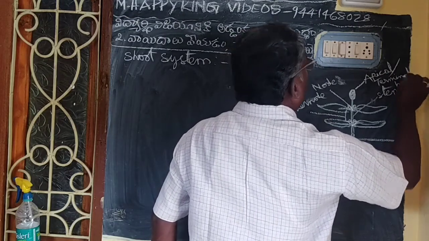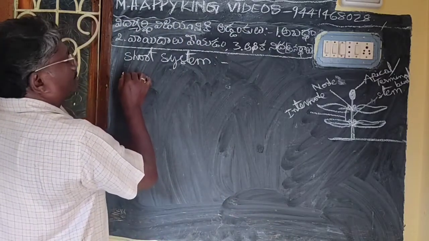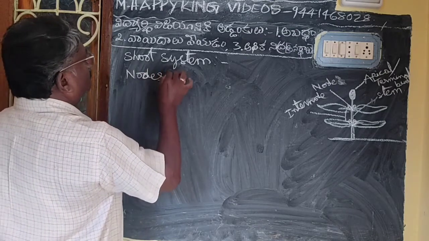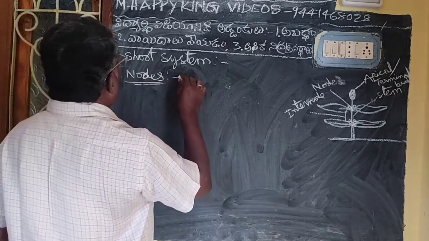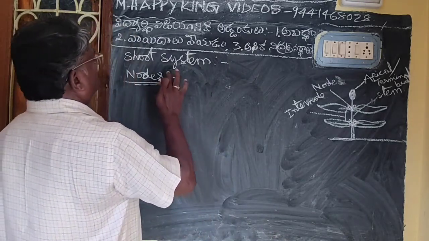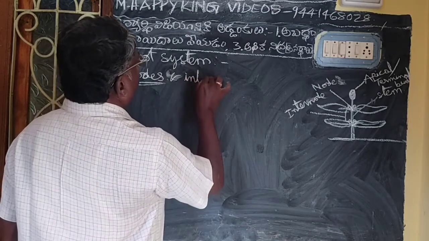So we learned about the parts: nodes and internodes.